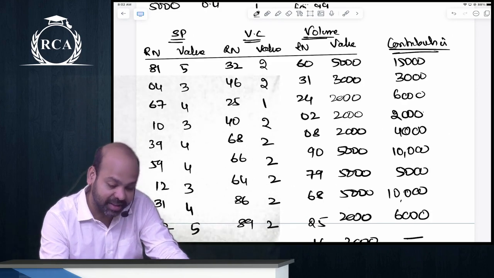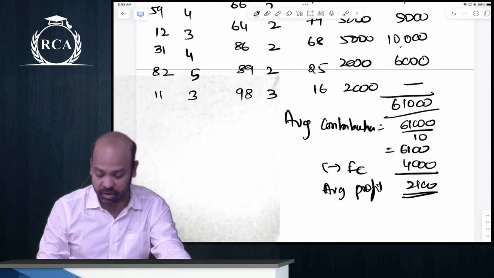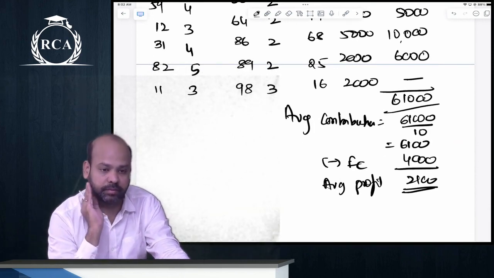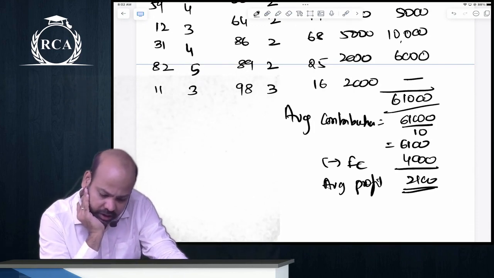Please consider it. Write the next heading in your concept book, decision tree analysis.